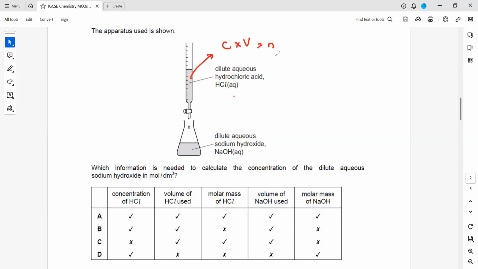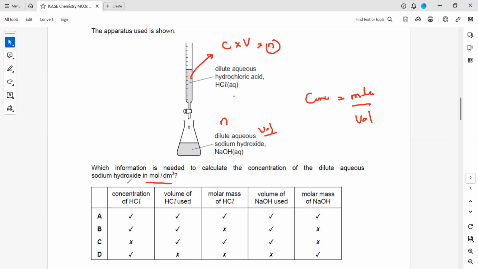And after getting the moles of this, we'll use the mole ratio, we'll get the moles of sodium hydroxide. And because in the question we need to calculate the concentration, to get the concentration we need moles and we need volume. And we have to know the volume of sodium hydroxide. So we have to take which information we need.